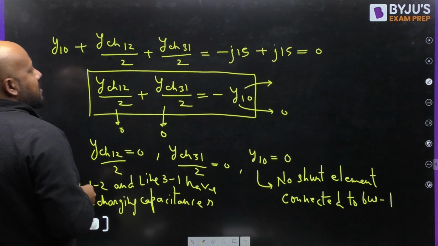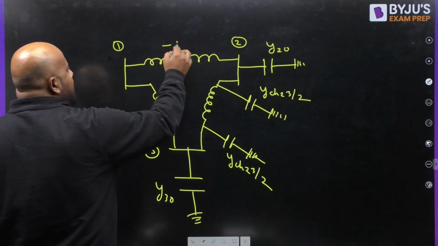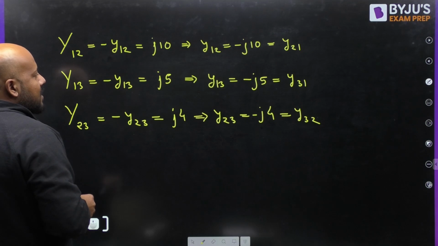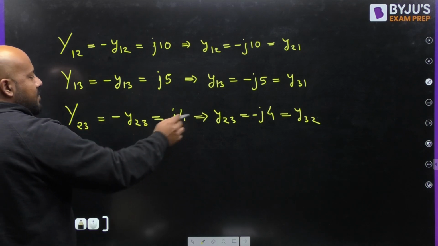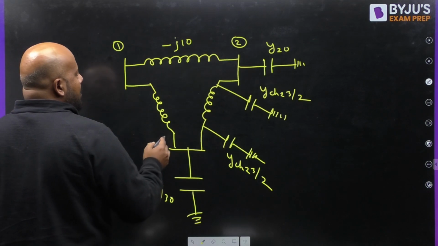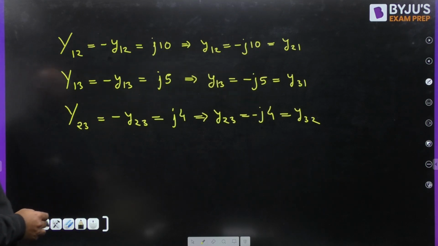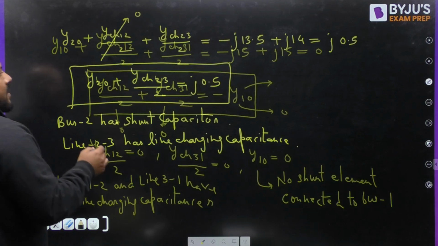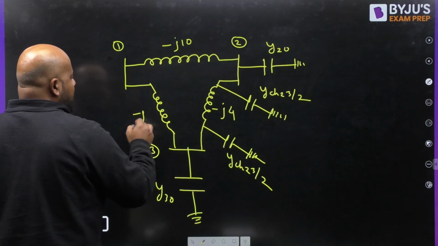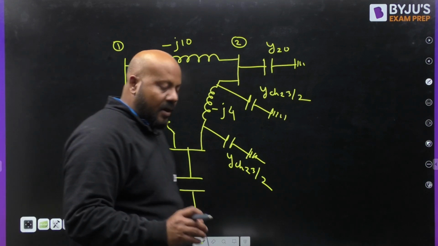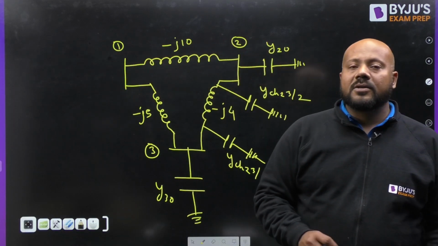Y12 is minus J10. What is Y23? Y23 is minus J4. What is Y31? Y31 is minus J5. So this is the final circuit you are getting, okay, as per the conditions we have got.